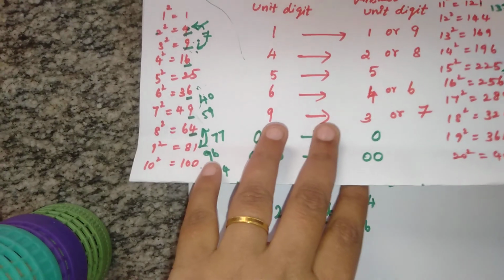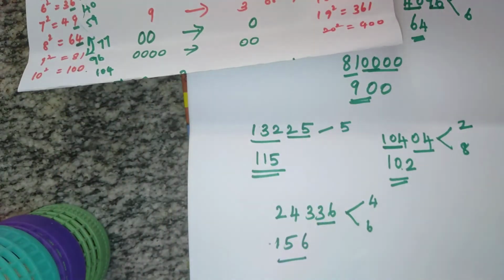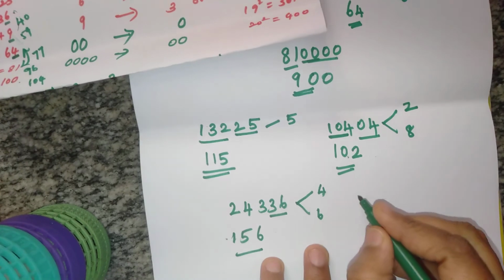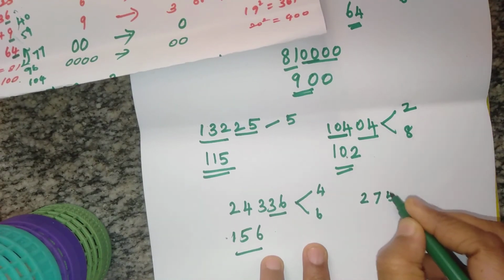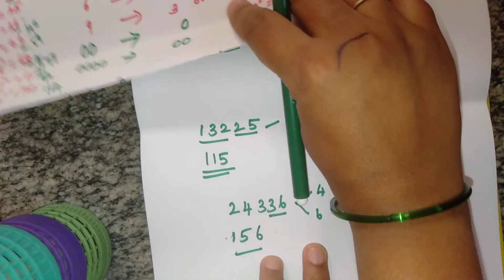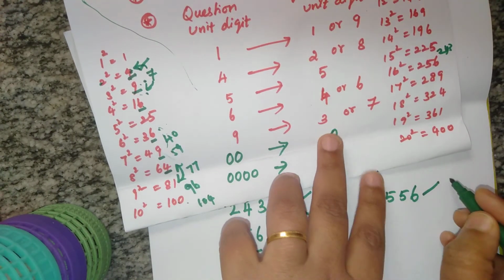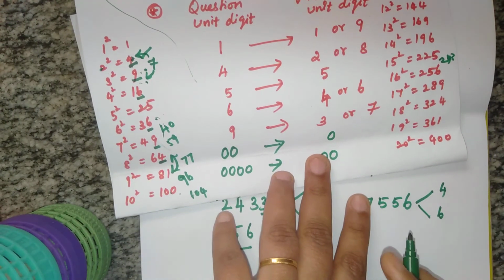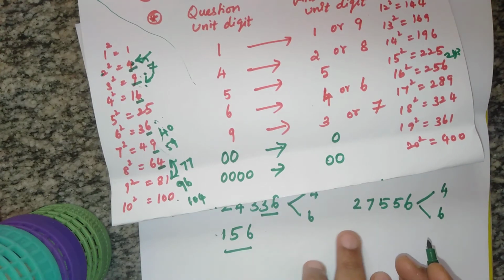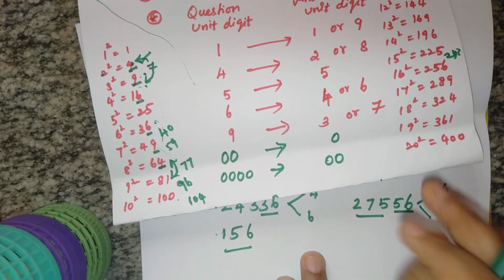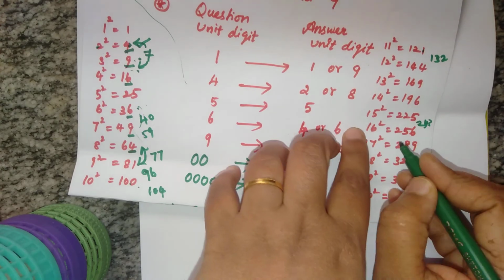Okay, now we are going to see all the sums, and we can see another example also. 27556. 6 means as usual we know 4 or 6. Next this 275. 16, 256 is completed.